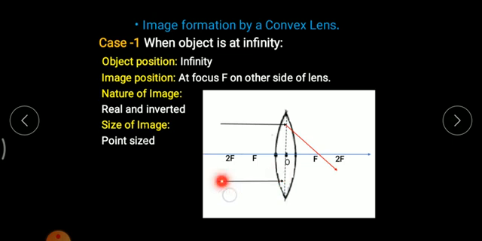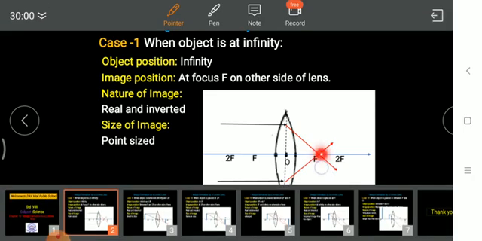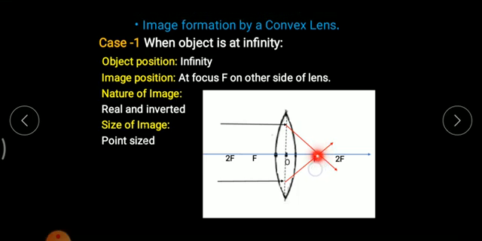So I have drawn another ray at this point of incidence. This red line is a refracted ray. It will again converge at this particular point, which is again a focus. As you can see, both refracted rays are intersecting at this focus point. So the image would be obtained at this intersection point.